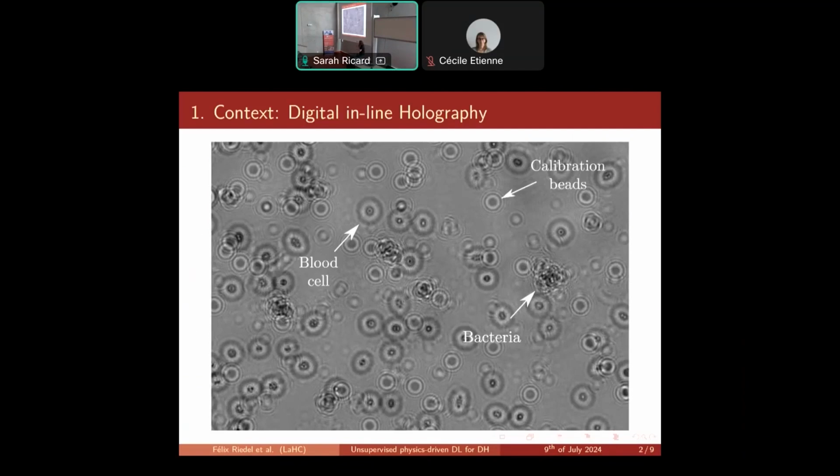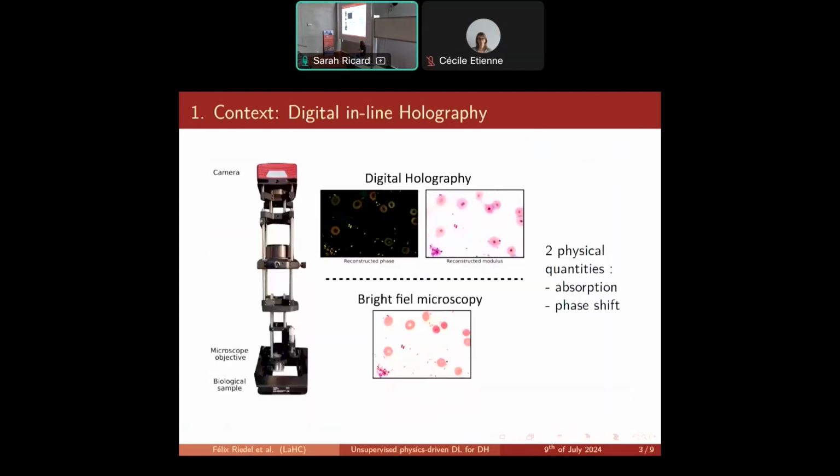But more specifically, it's a coherent wave that comes onto the objects and then diffracts towards the sensor and causes these patterns. And the crucial part is that we can apply numerical treatments to reconstruct these objects.